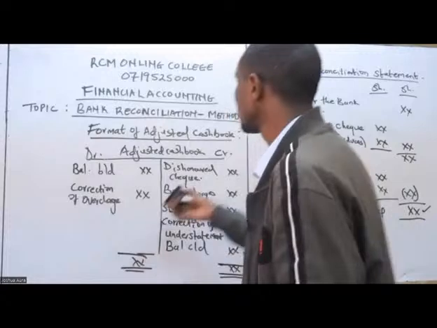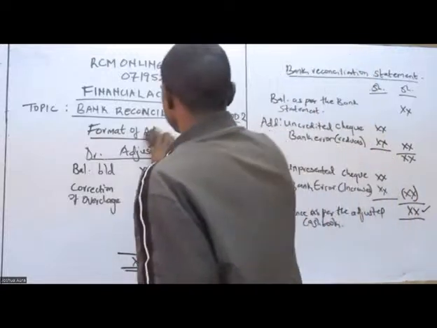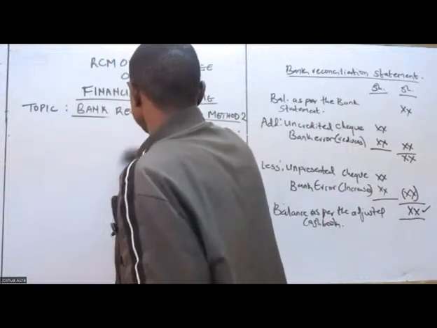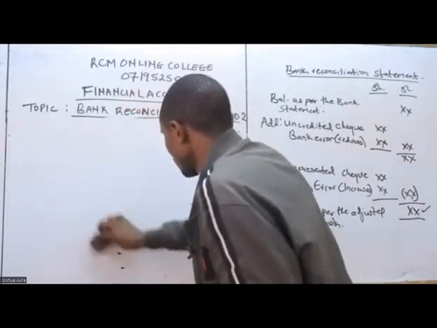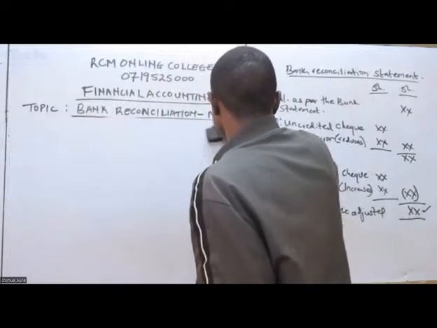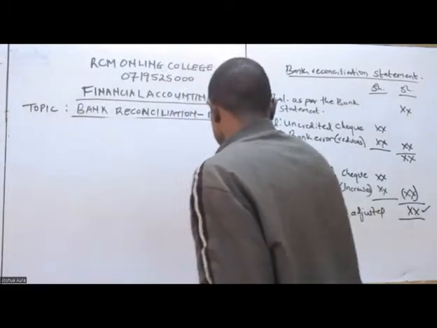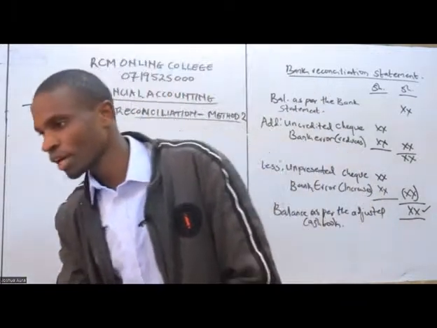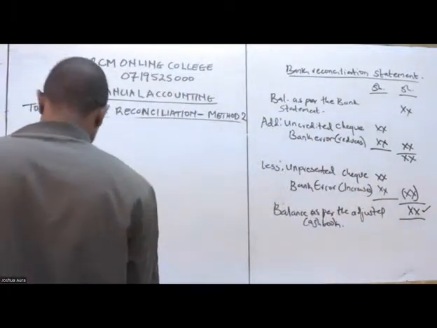So let's have the solution. We start with the adjusted cash book.